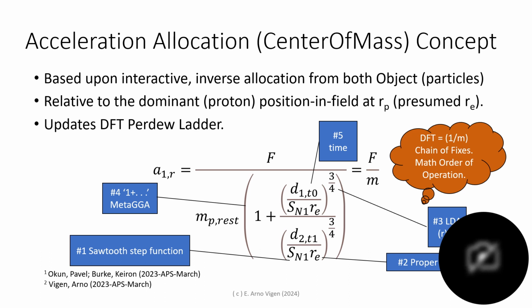We've also been doing this in what's called rest mass versus others. This idea of a mass 1 times mass 2 over the sum of the masses for the center of gravity is a similar concept, and partially what we're doing in the meta GGAs, if you think about it in that way. So we have many methods to do this besides just DFT.